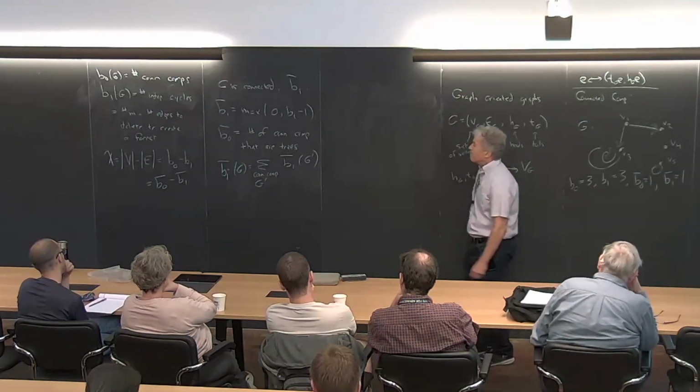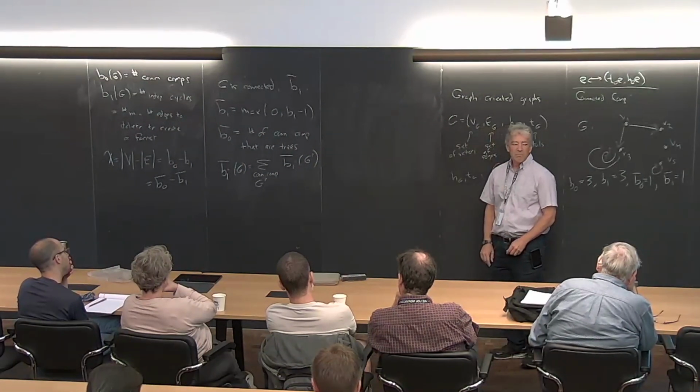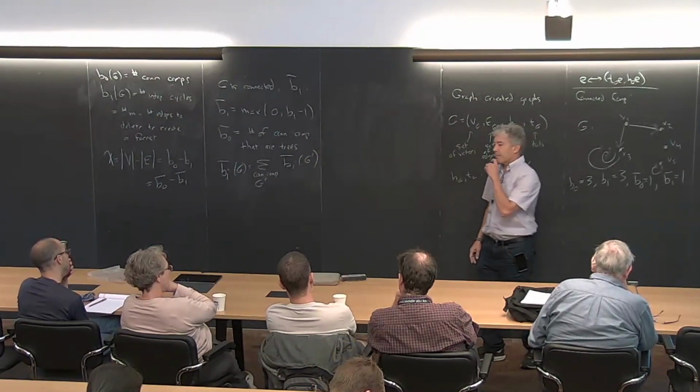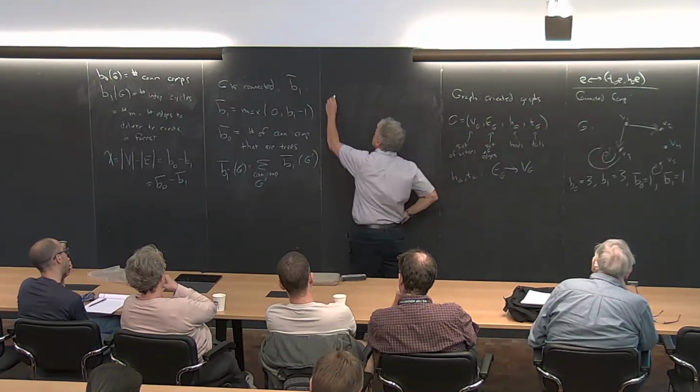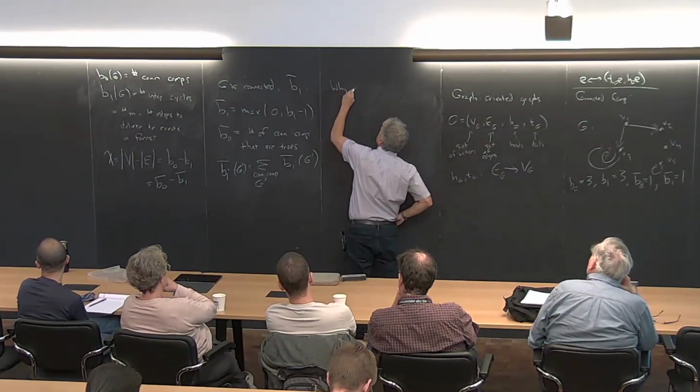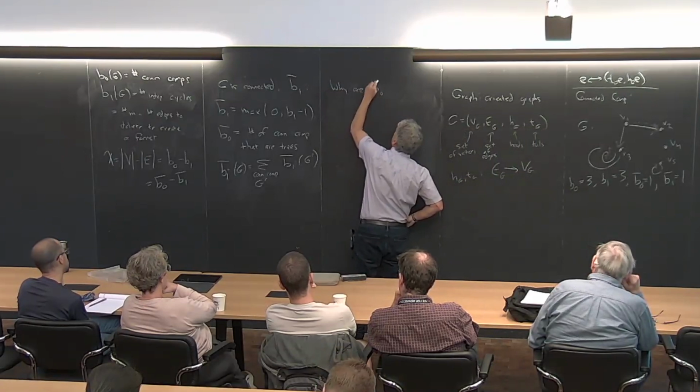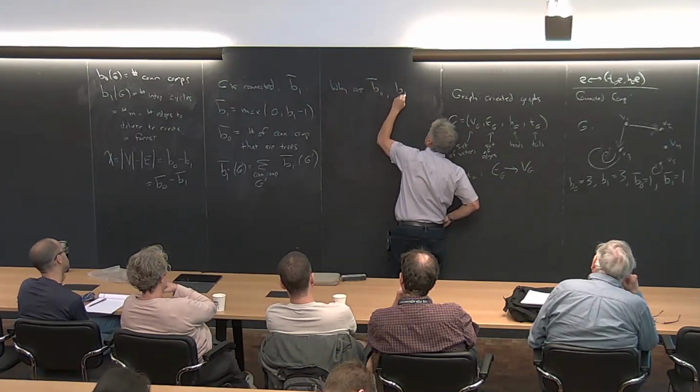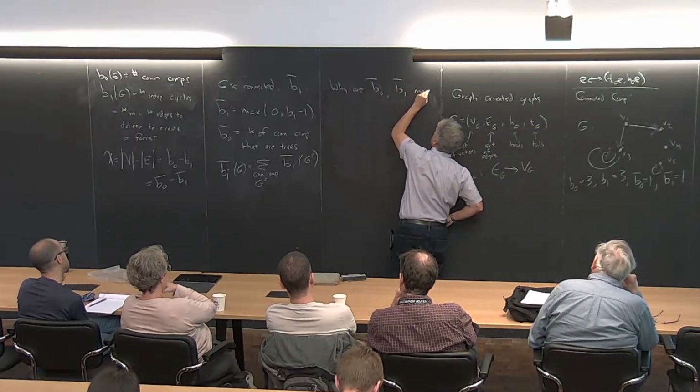Okay. Now let's do things a little bit differently. So why are the reduced zeroth and first Betti numbers more interesting?